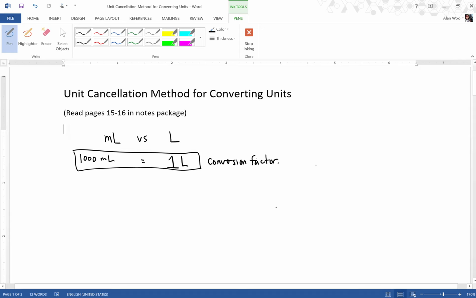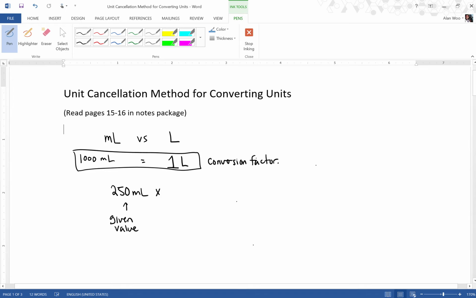So if I had something simple like 250 milliliters, some of you guys may already be able to do this in your head and convert this into liters, but using the unit cancellation method, all we need to do is take what we're given. This is the given value, and I want to multiply that by our conversion factor.